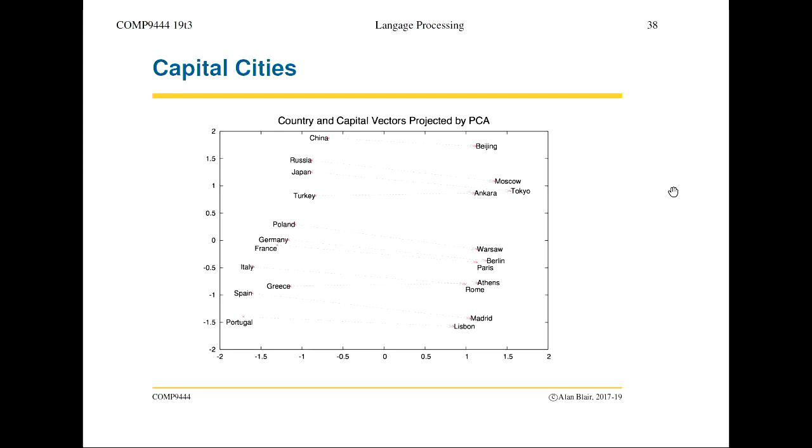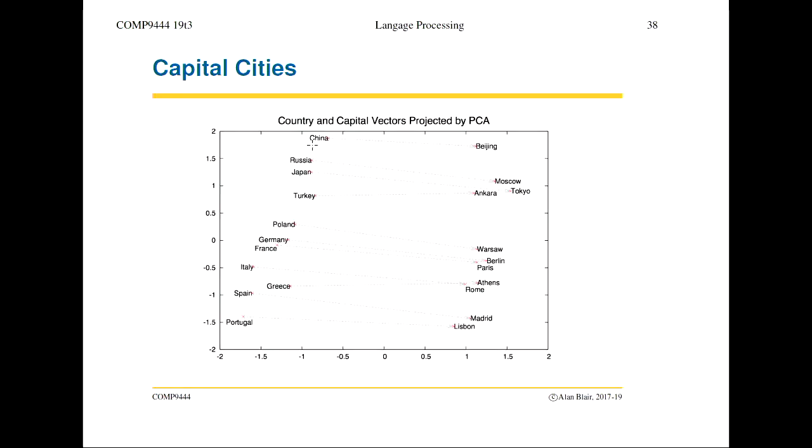They try to extract, just for visualization purposes, the 2 dimensions that carry the most variance for these particular words. And you can see the vector joining a country to its capital city is quite similar, right?